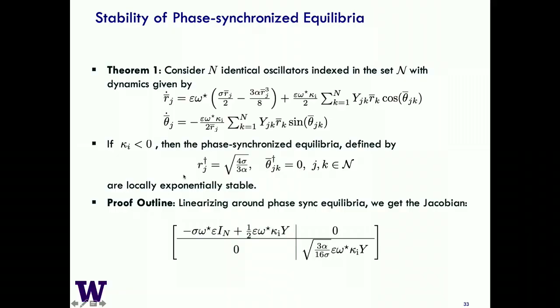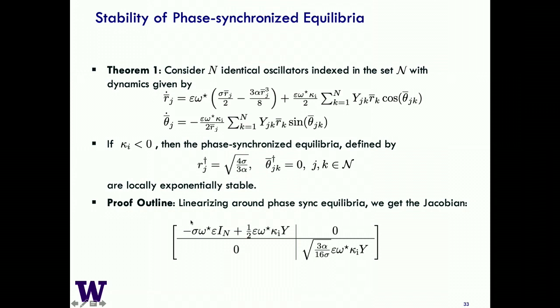If you're wondering how this comes about, we have these two nonlinear differential equations for the angles and the radii, and we study where the equilibria occur. We set all these dots to 0 and solve for where the system has an equilibrium.